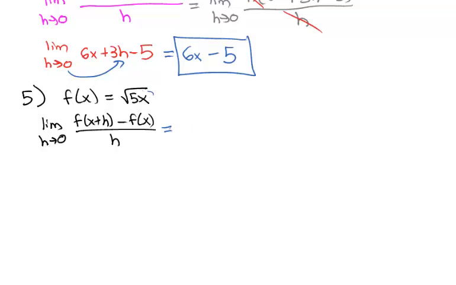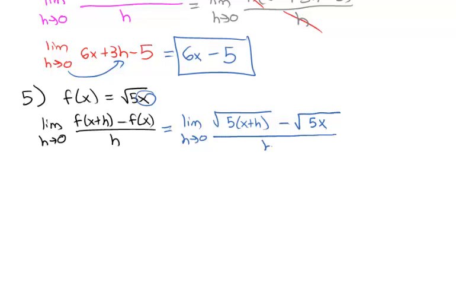With our function, we're plugging the x plus h into the x, so we have the limit as h goes to 0 of the square root of 5 times x plus h, minus f of x, which is the square root of 5x, all over h.